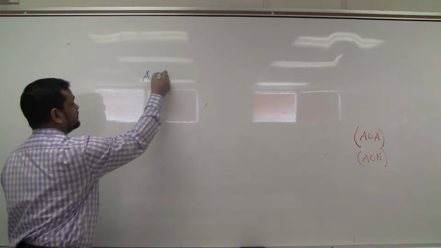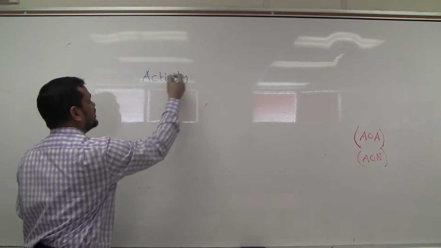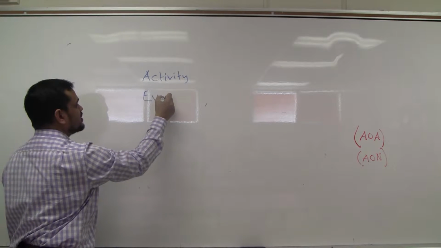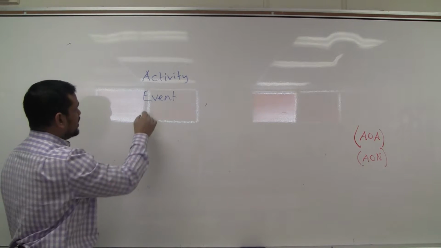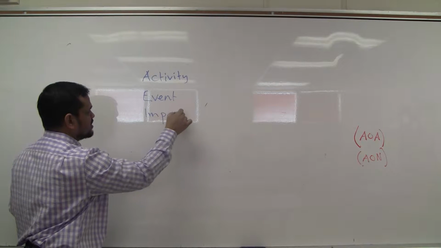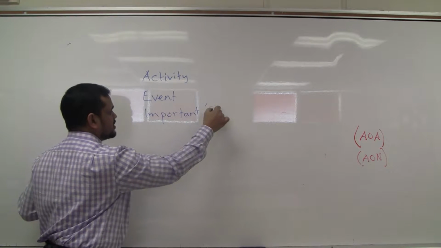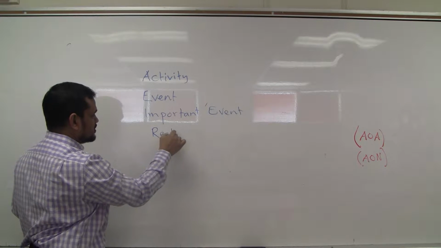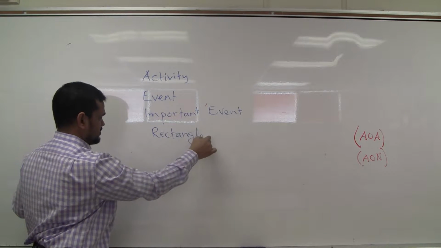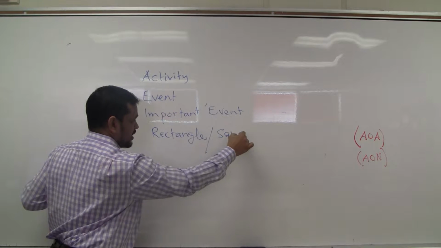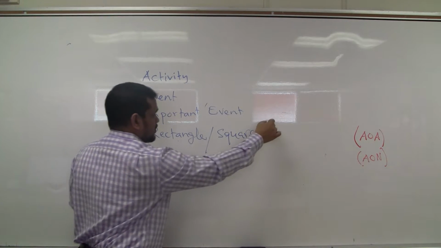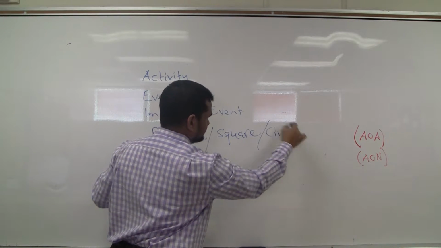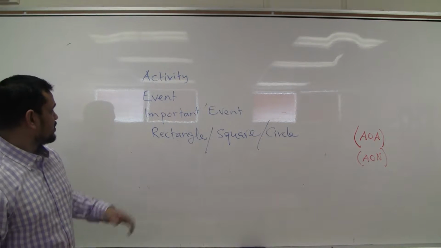First is activity, then event, then important event, then rectangular or rectangle or square or circle. Okay, now what is first?